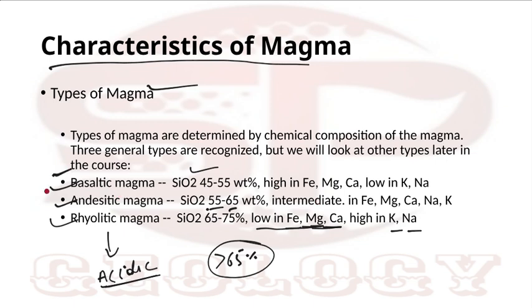Then basaltic magma, where SiO2 percentage is 45 to 55%, contains Fe, Mg, Ca in abundant amount and potassium and sodium in least amount. Basaltic magma is less dense, or has less viscosity, because the silica percentage is less. So these are the three types of magma.